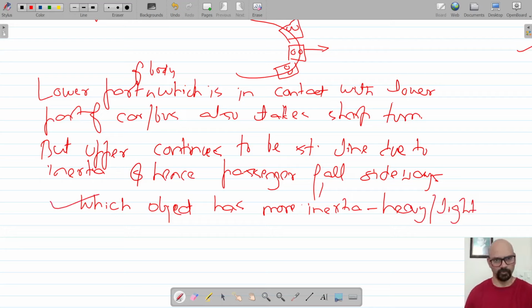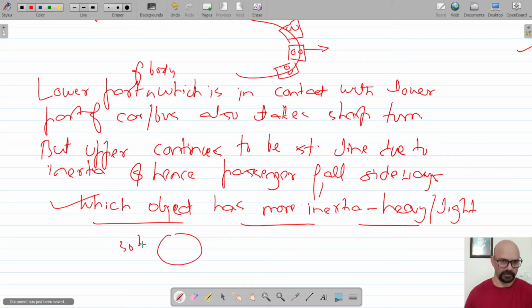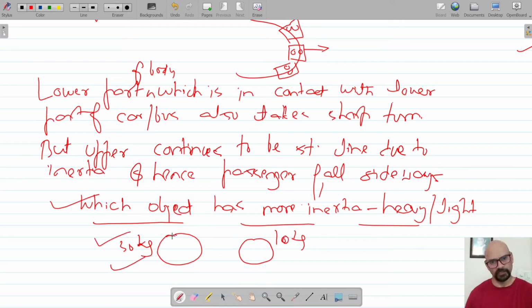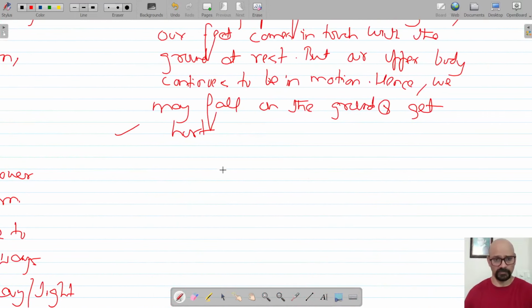Okay, so in this case, the more the mass, the more the inertia. Heavy objects have more inertia than lighter objects because, let's say we have two objects, one of mass 30 kg and one of mass 10 kg. It would be difficult for us to move an object with more mass. The more the mass, the more difficult it is to move this object. That means it will tend to remain at rest, so the more will be the inertia.